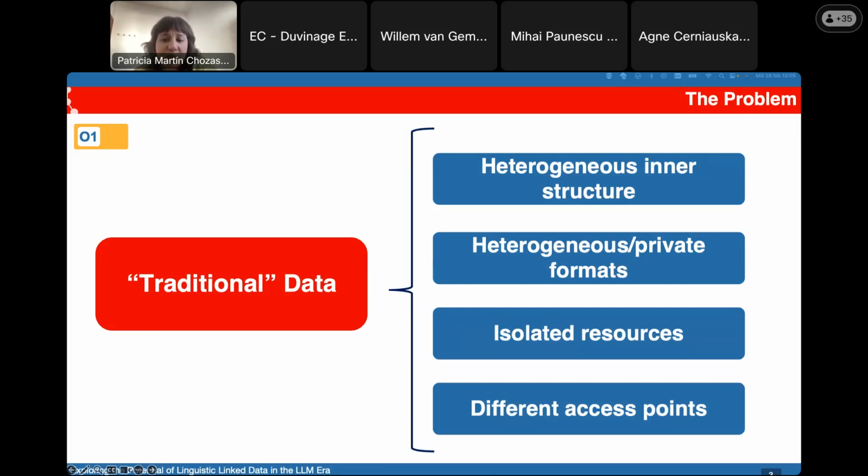Also, we can find data in different formats, such as XLS or XML, but also proprietary formats, such as PDF, that are not easily accessible to computers. This means that resources are isolated and not interlinked, and consequently, they are published in different access points, which hinders their reusability.